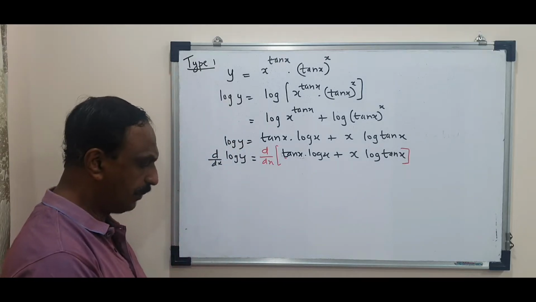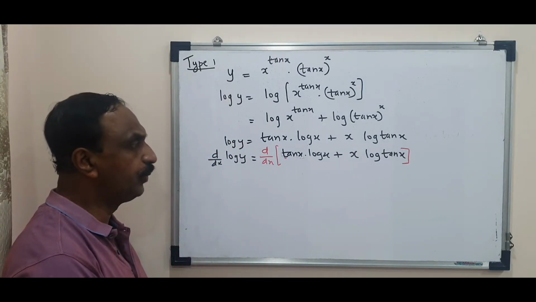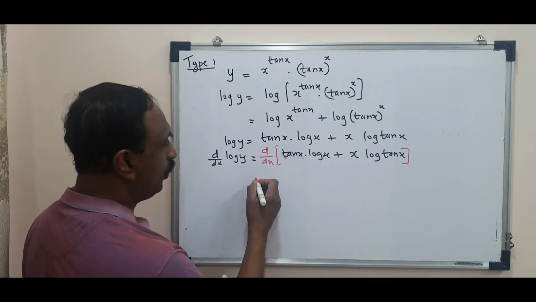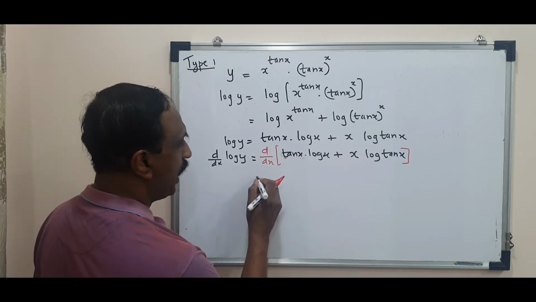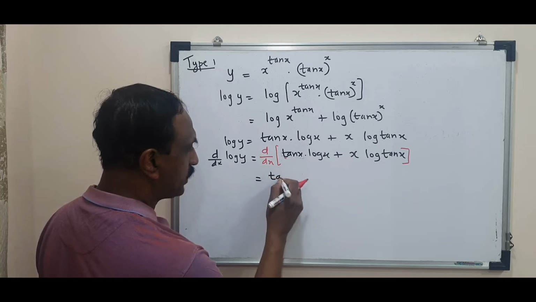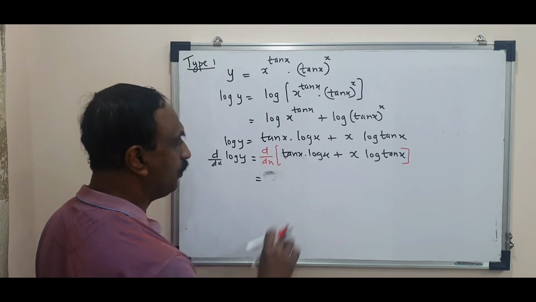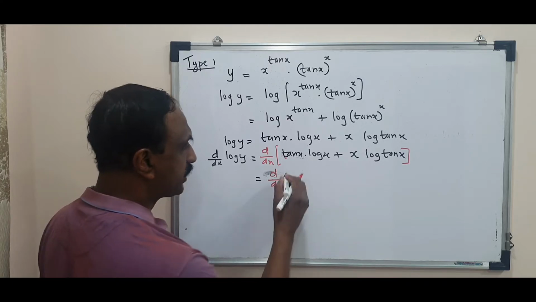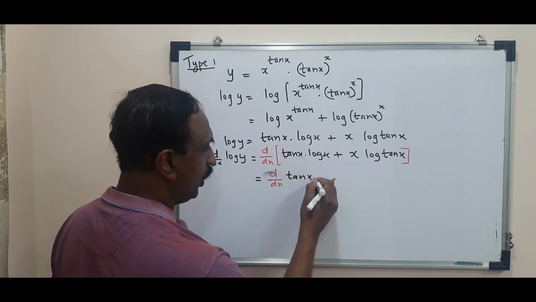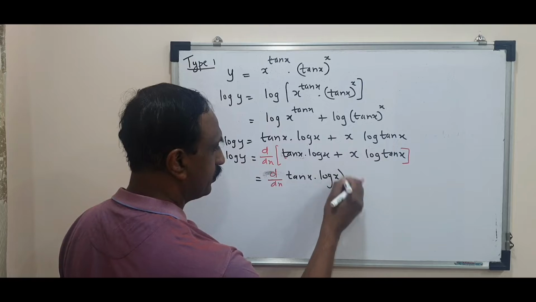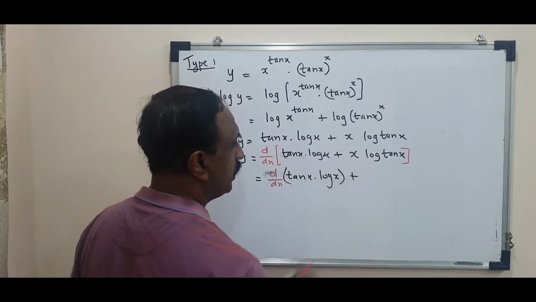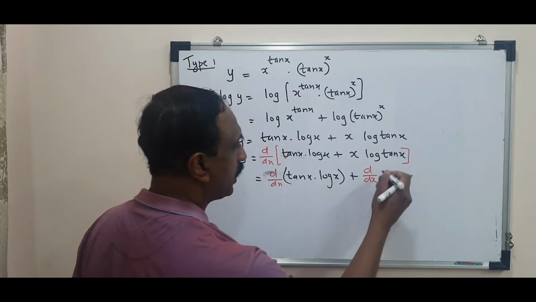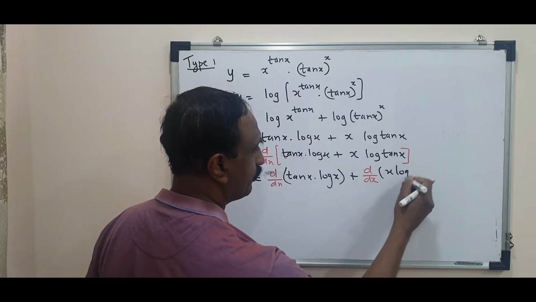Applying the derivative of a sum, next I'll be writing tan x into d by dx of tan x into log x, plus d by dx of x into log tan x.